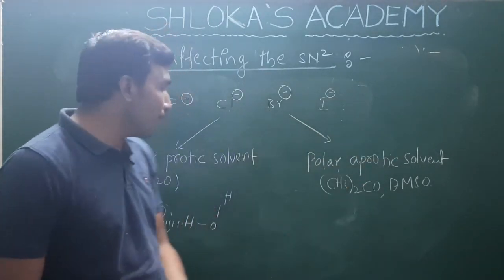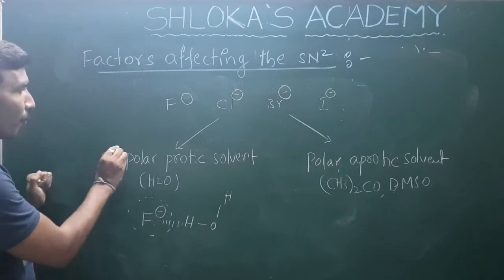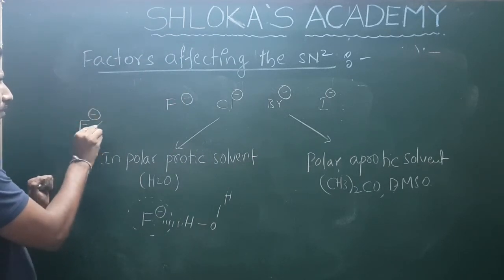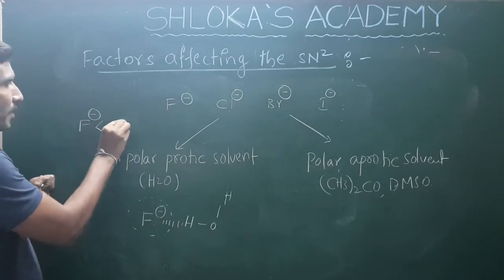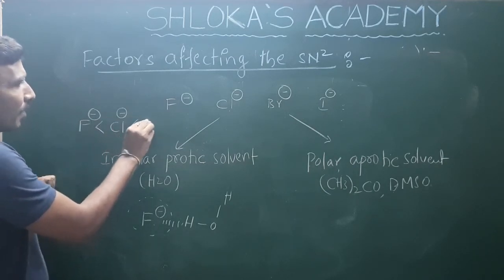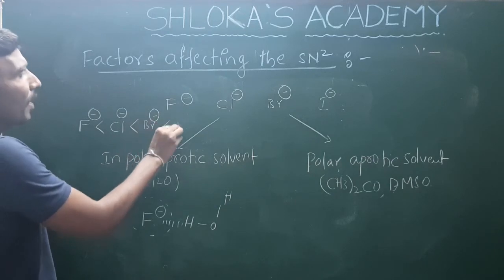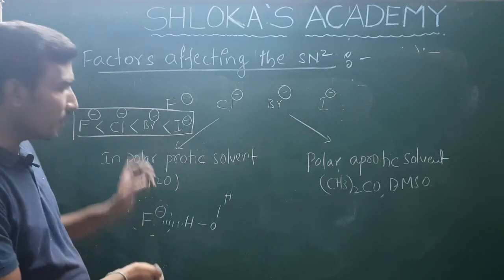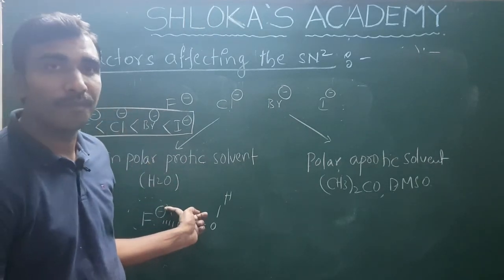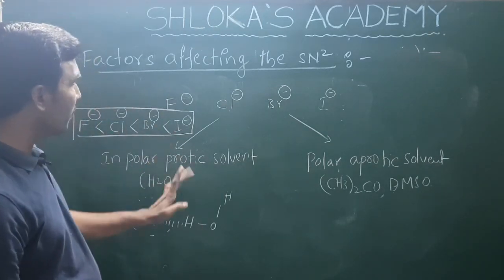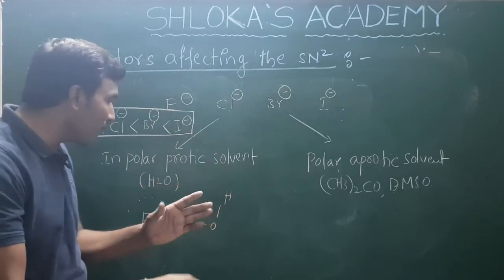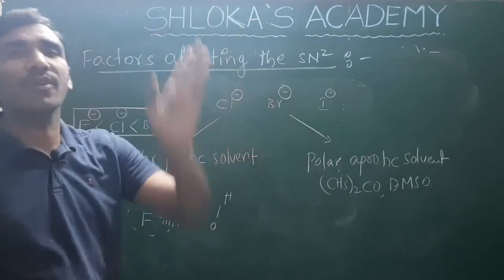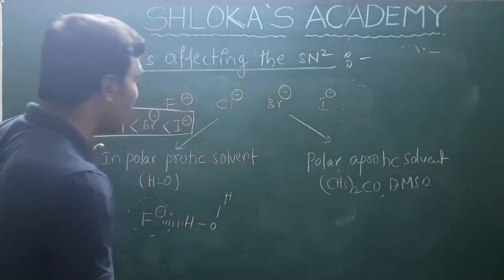So now tell me, if you want to write the nucleophilicity order in polar protic solvent, it should be F minus, which cannot donate easily, less than Cl minus, less than Br minus, less than I minus. So this is the order of nucleophilicity in polar protic solvent. Why? Because out of all these, I minus can form only a weak hydrogen bond with the water, so the lone pair can easily donate to the carbon, but fluorine cannot.